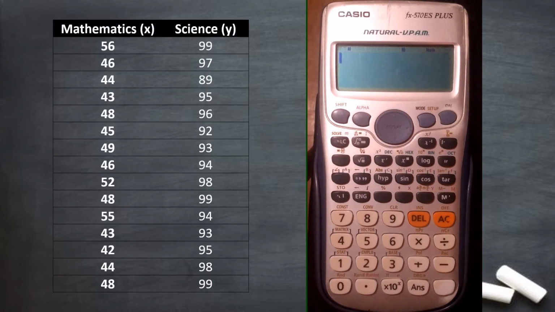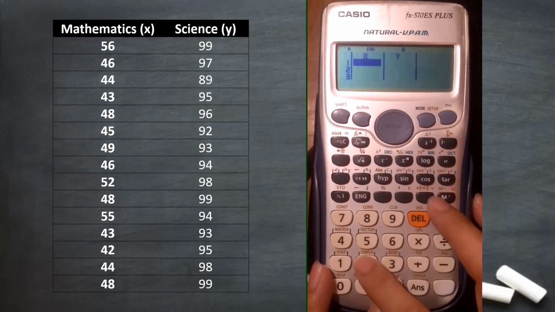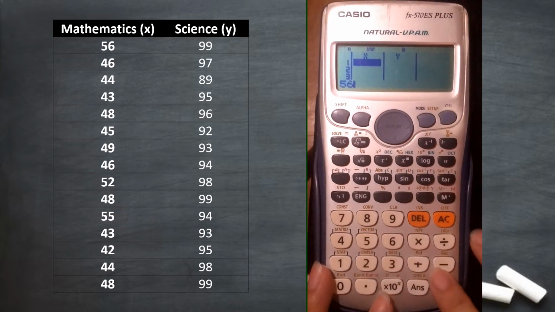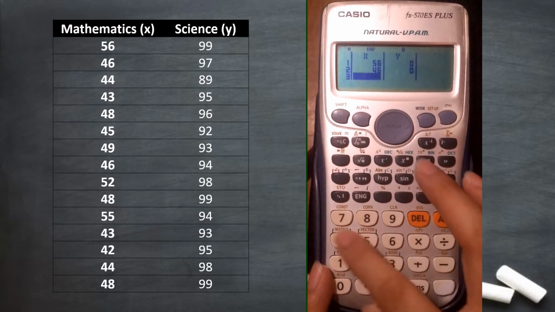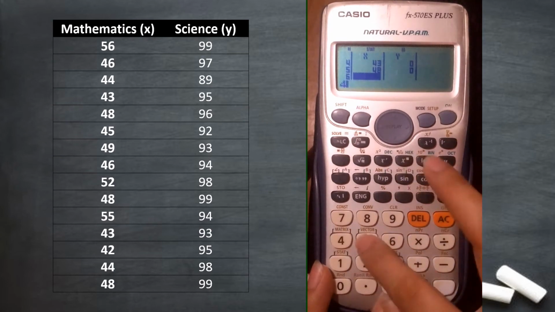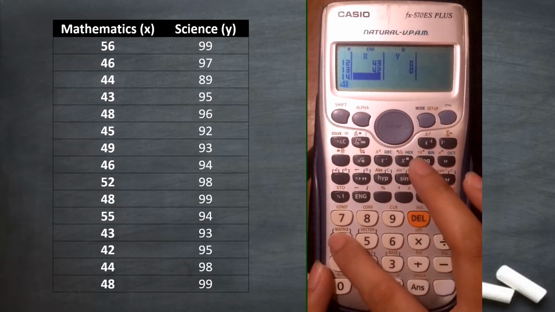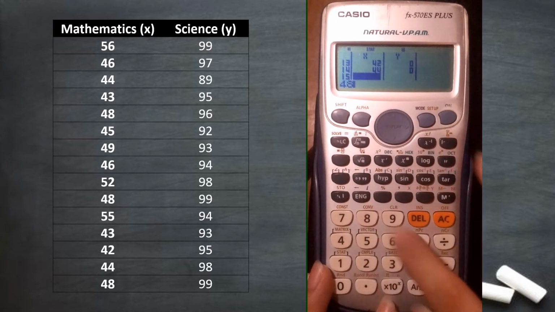Shortcut method for problem number 2: we press mode and then stat and then A plus BX. Then we input the values 56, 46, 44, 43, 48, 45 equal sign, 49 equal sign, 46 equal sign, 52 equal sign, 48 equal sign, 55 equal sign, 43 equal sign, 42 equal sign, 44 equal sign, 48 equal sign.